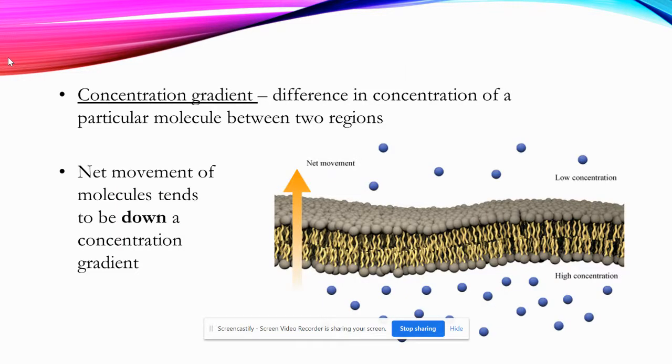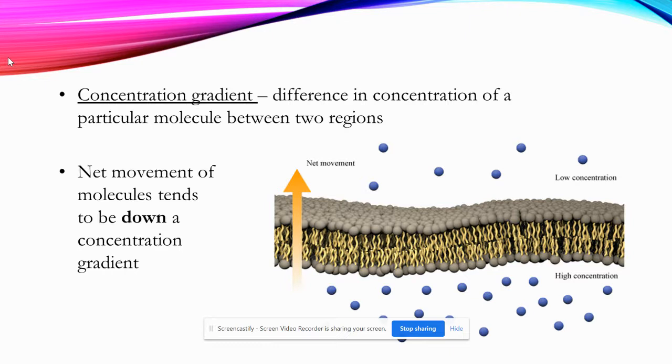So the concentration gradient is the difference in concentration of a particular molecule between two regions. So the natural movement is always from high concentration to low concentration. Another way to say that is the net movement of molecules tends to be down a concentration gradient.